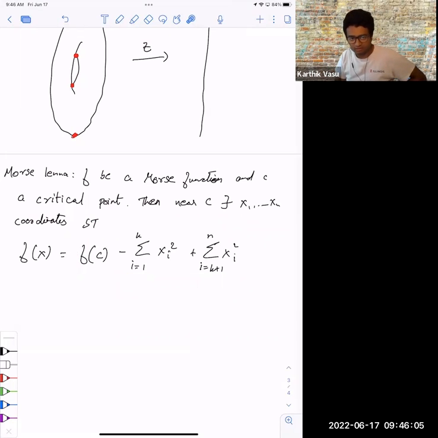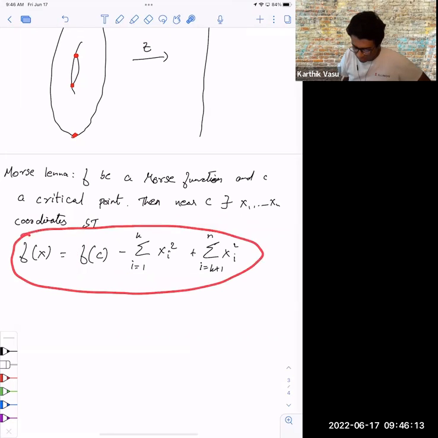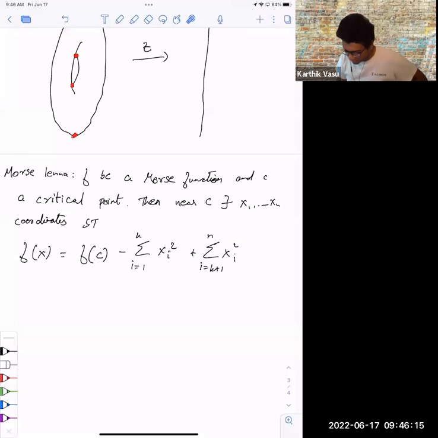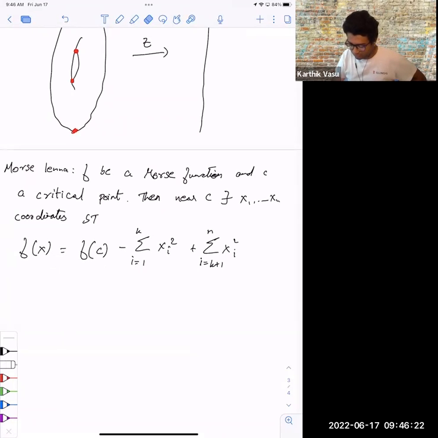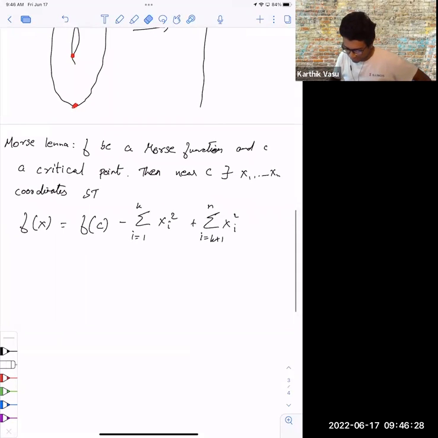So this will be a Morse function. And what this lemma is saying is, these are the only kind of Morse functions you have. So every Morse function will locally look like the standard Morse function on Rn. So every Morse function has a local picture of exactly how it looks near the critical points.